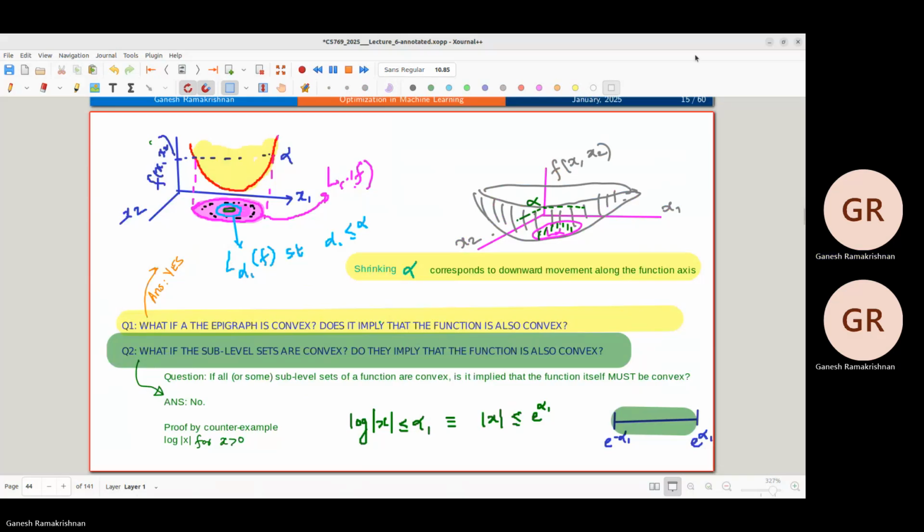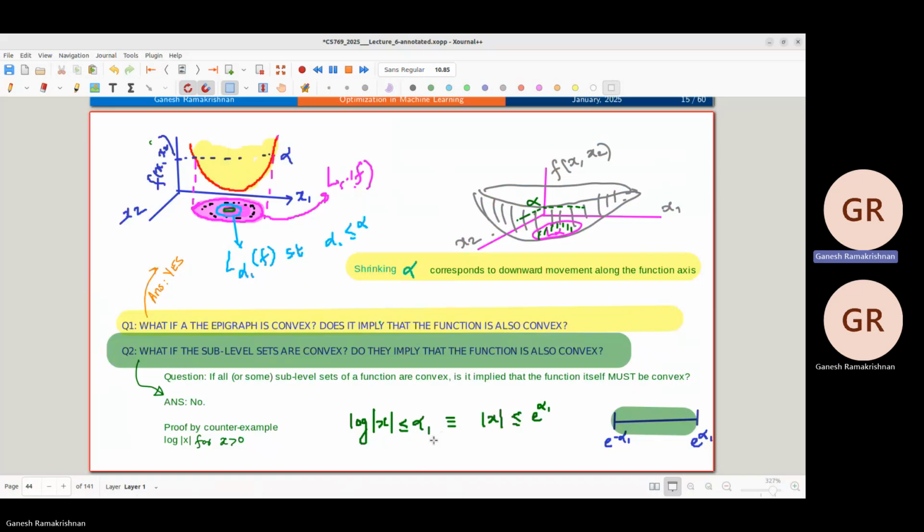Or you can look at simpler functions. The negative Gaussian is more complex. This is simple: log of absolute value of x is less than or equal to alpha. Think of some simpler function. See if there's a stronger connection between sublevel set convexity and function convexity, and epigraph convexity and function convexity, for all sublevel set parameters alpha.